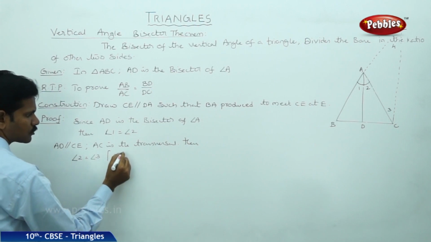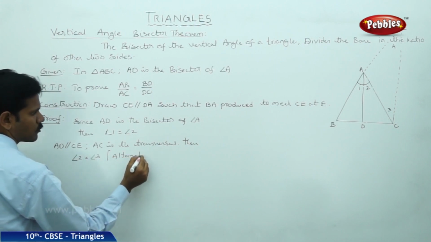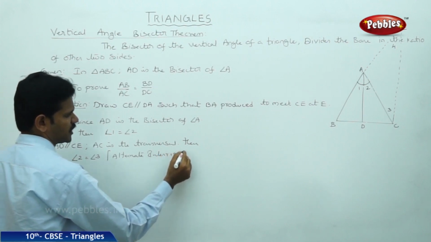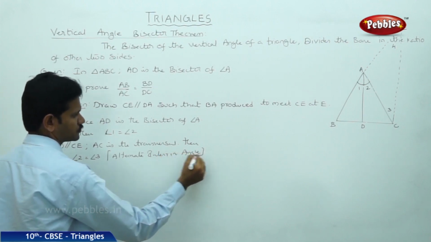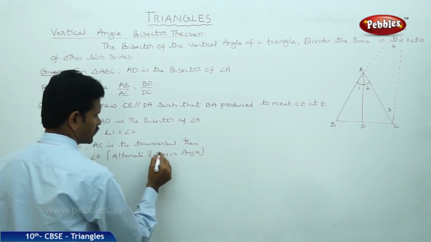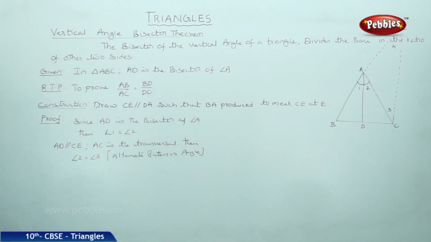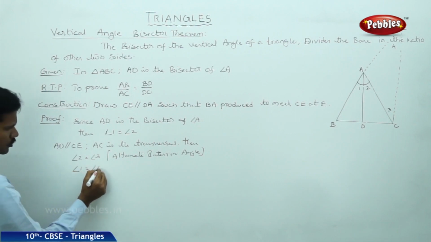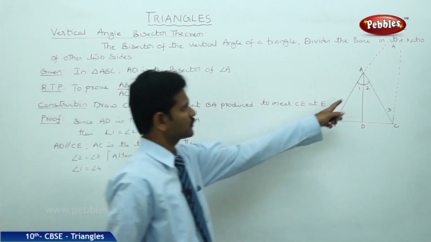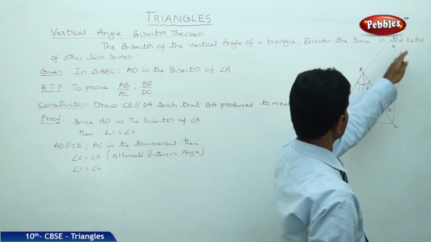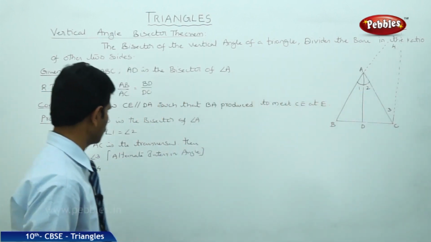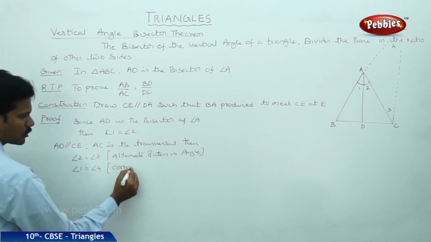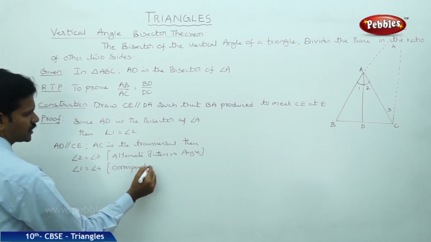Reason: alternate interior angles. Similarly, angle 1 is equal to angle 4. Angle 1 and angle 4 are equal since these two are corresponding angles.